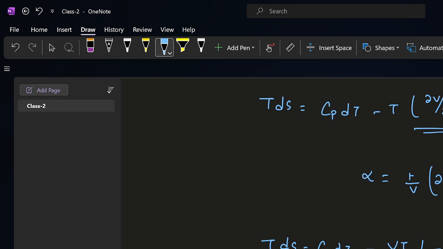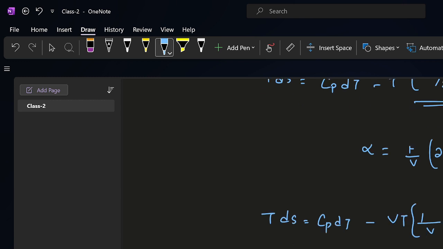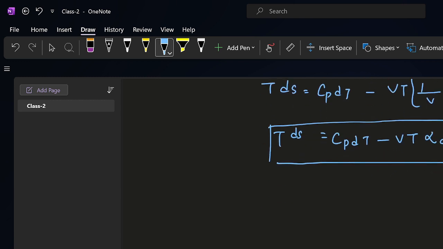Then del V del T at P constant and dP. So this is equal to Cp dT minus V times T into alpha into dP equal to TdS. This is our theorem or equation number 2 that is proved. Okay. This is again a very important thermodynamic relation.